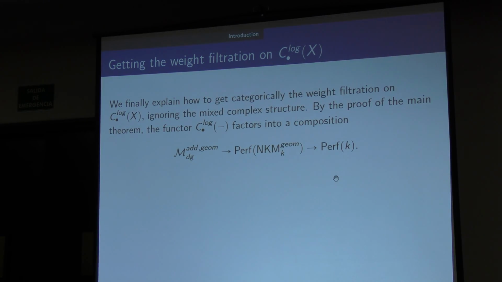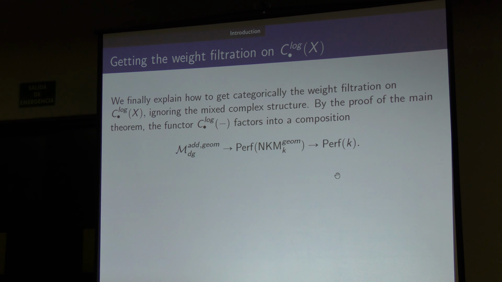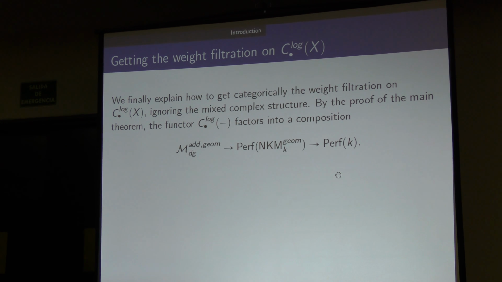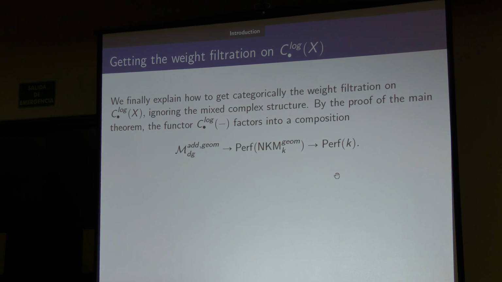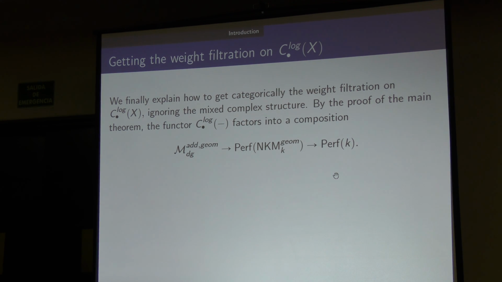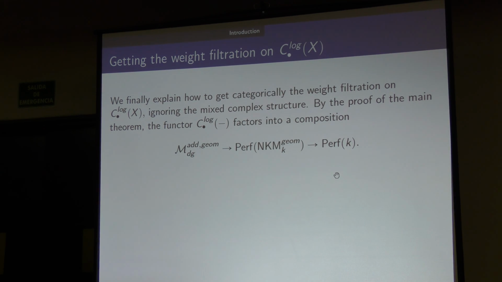By the proof of the main theorem, in the formulation we were taking this induction as restriction, but actually it follows from the proof that this logarithmic Hochschild complex functor factors into a composition. We first go to perfect complexes over non-commutative geometric K-motives, because as you remember, we were constructing just finite resolutions of the corresponding functors. And then we go to perfect complexes over K.